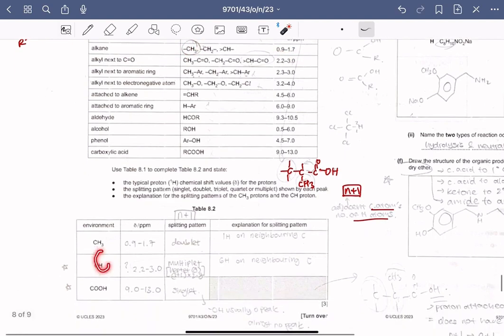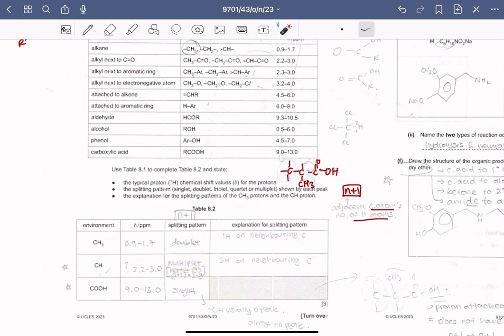Next, CH is this, and it is bonded to a neighboring carbon atom with 3 H atoms, and another neighboring carbon atom with 3 H atoms. Each methyl group has 3 hydrogen atoms. 3 + 1 is equal to 4. However, you have 2 methyl groups, so you could say that it is a septet, or you could say that it is a multiplet.